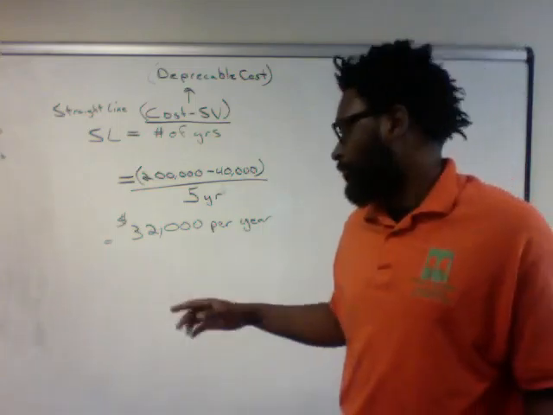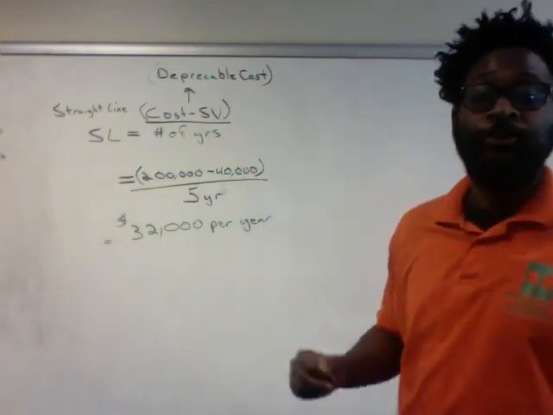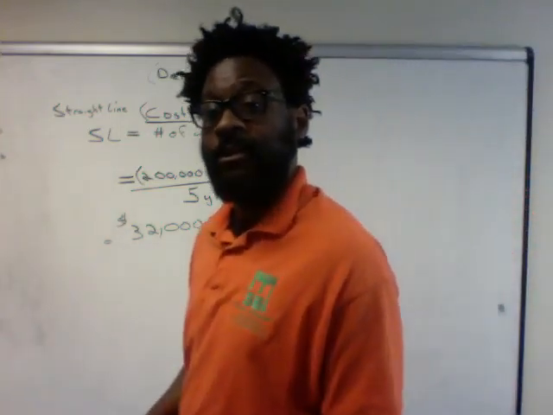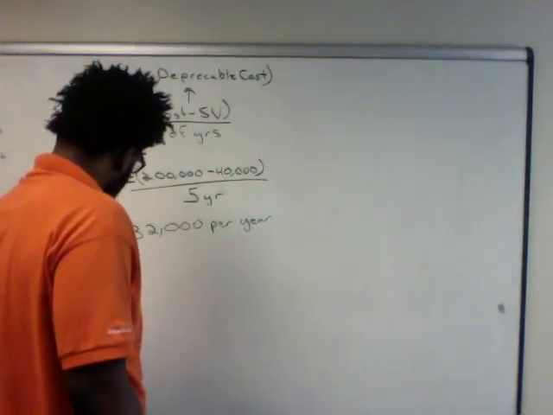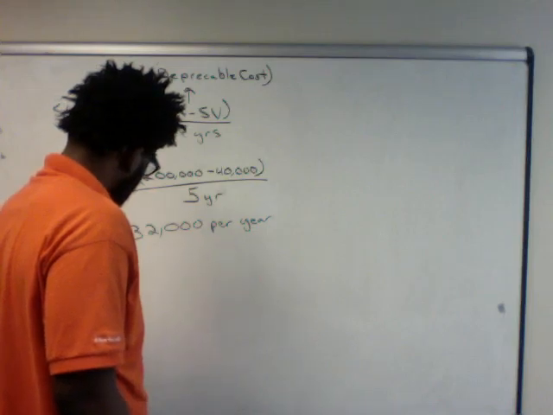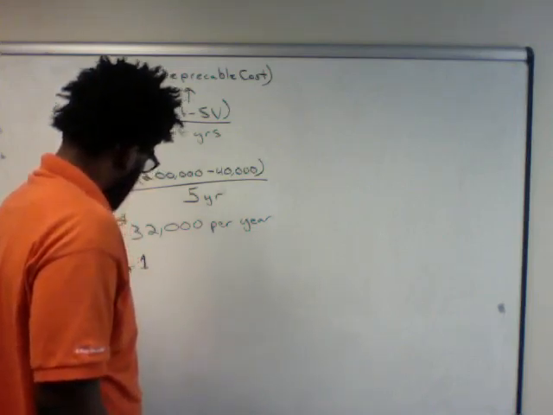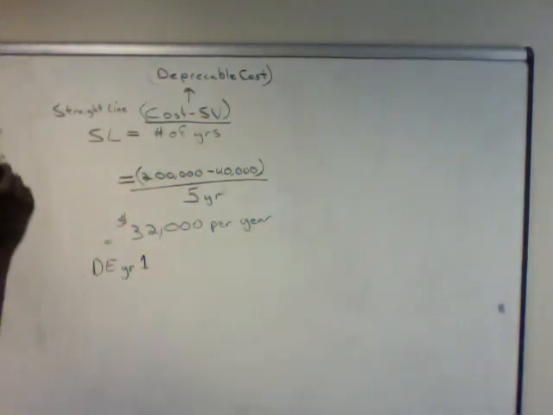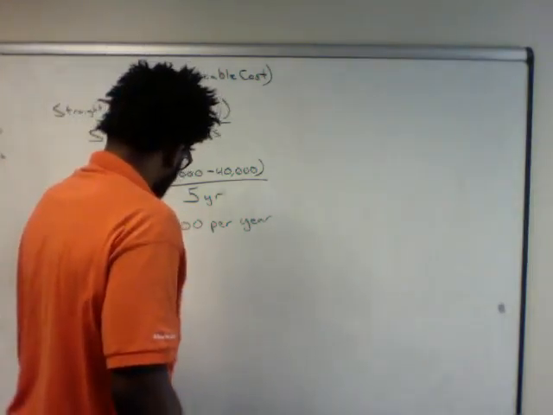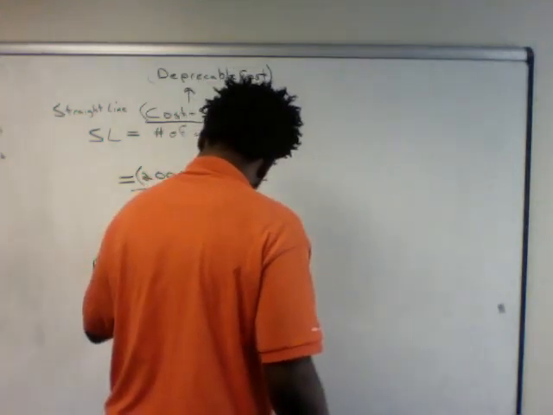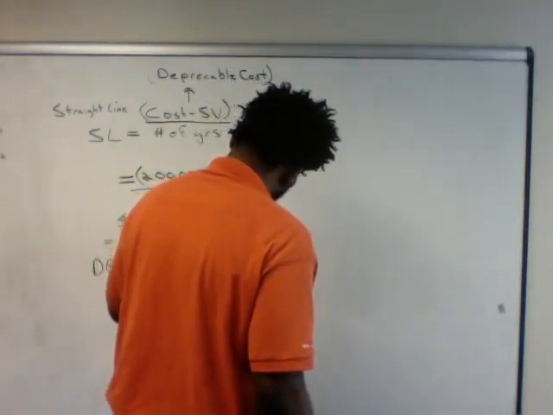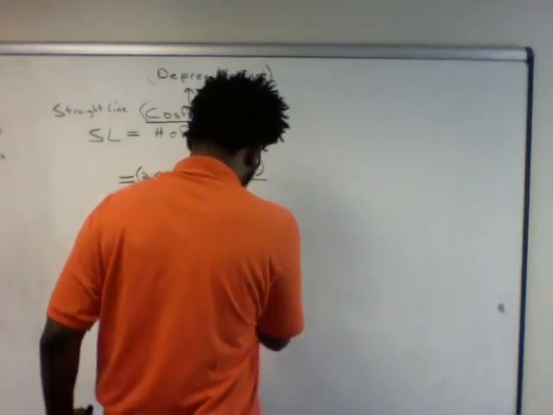Okay? But there's a couple of things I could ask you from just this answer. And you need to understand. I may be able to ask you, what's the depreciation expense for year one? The correct answer is obviously what we just calculated. $32,000, right?